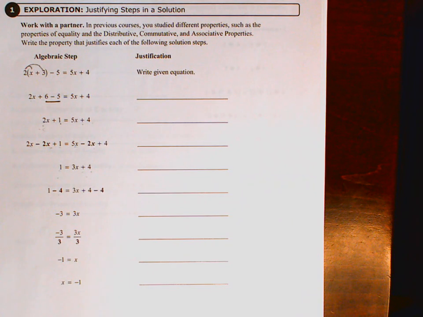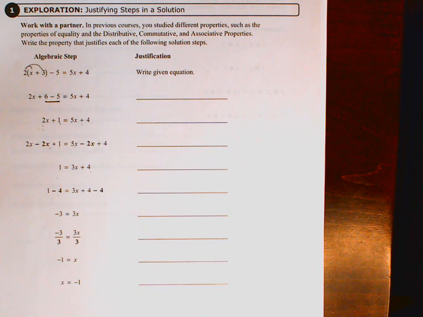Now what we have to do is go back and justify every single one of those steps. All right, so let's take a look at the very first part. The very first thing that they did here was use the distributive property. Now I'm going to be numbering these just so that we know what we're talking about.